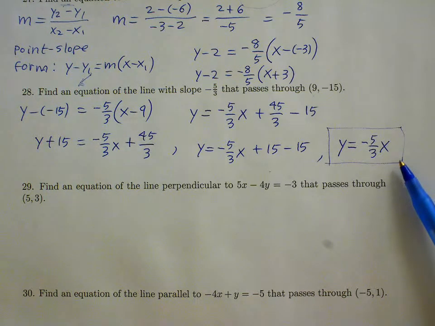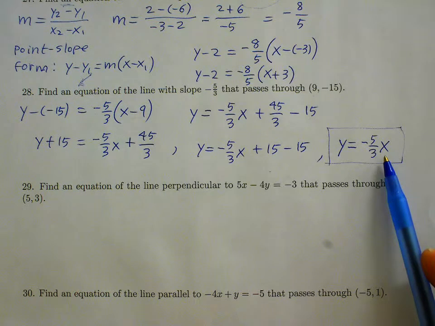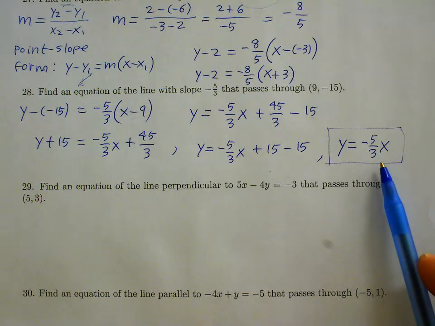So what do you know about this line, y equals negative 5/3 times x, besides the fact that the slope is negative 5/3? Its y coordinate would be 0. Yeah, the x-intercept and the y-intercept are the same point, 0, 0.